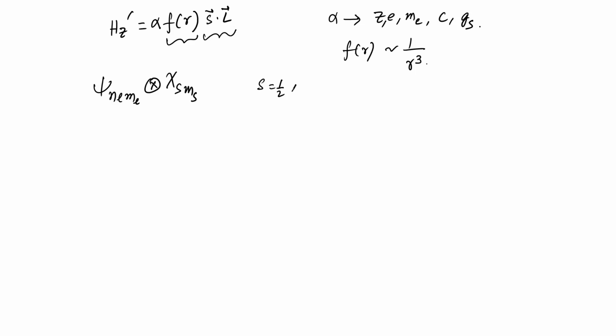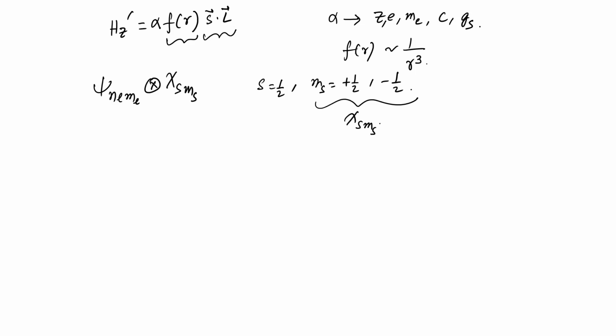So, S is equal to half. m_s, the magnetic quantum number associated with the spin, this operator is equal to plus half and minus half.